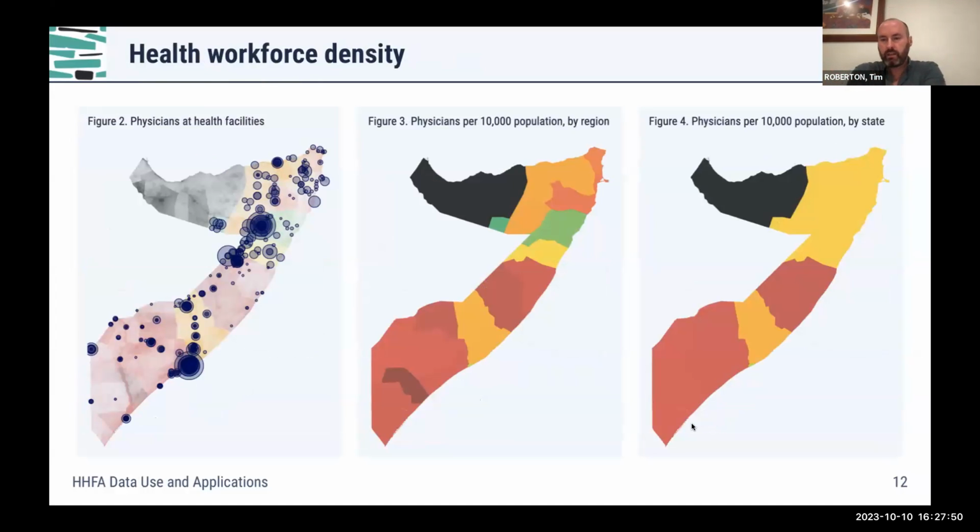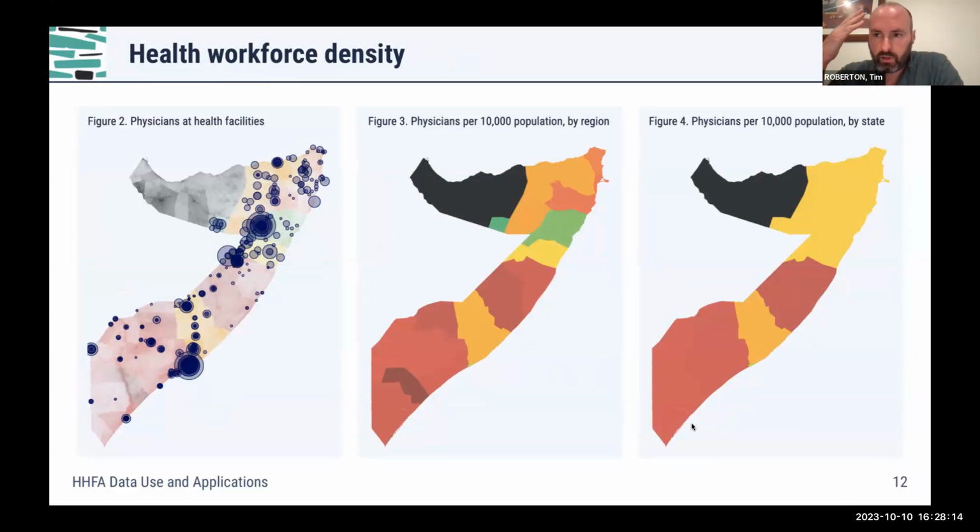So another thing that the HFA is really good for is if you do a census of the health facilities in your country, your area, then it enables you to get indicators around density. So the density of health facilities per population, density of beds, inpatient beds, for example, and density of the health workforce.